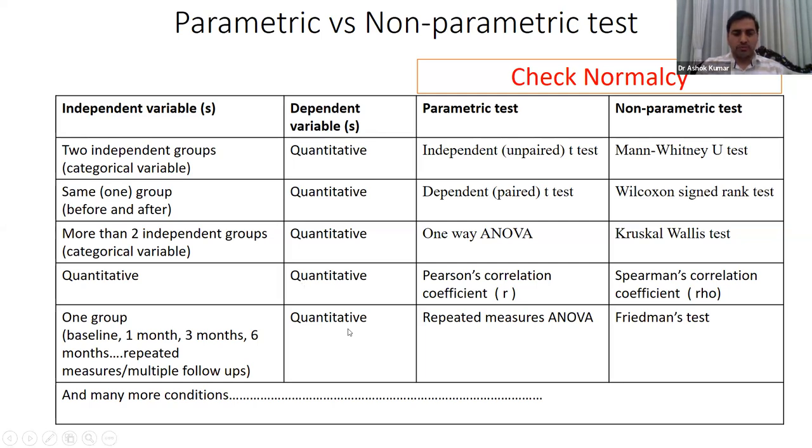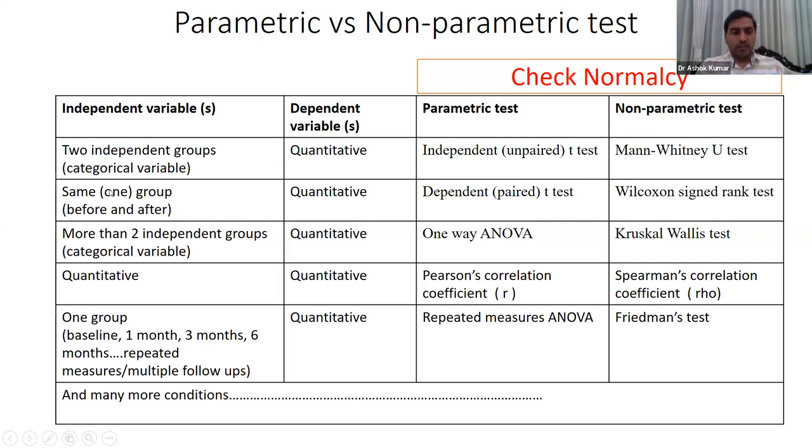If this dependent variable is normally distributed and there are two independent groups, control and intervention, we should use the independent or unpaired t-test to compare means. If this quantitative variable is not normally distributed, we have to use the Mann-Whitney U test.